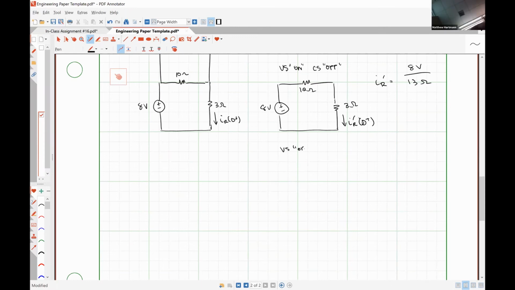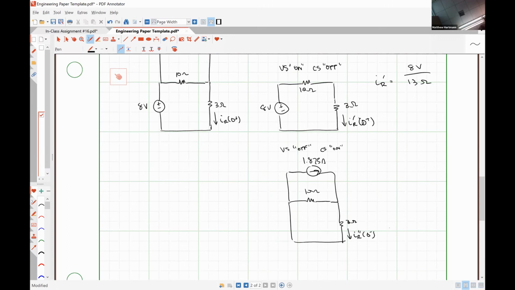All right, with the voltage source off and the current source on, what we're going to have is our 1.875 amp source, here's our 10 ohm resistor, here is our 3 ohm resistor, and here is IR double prime.